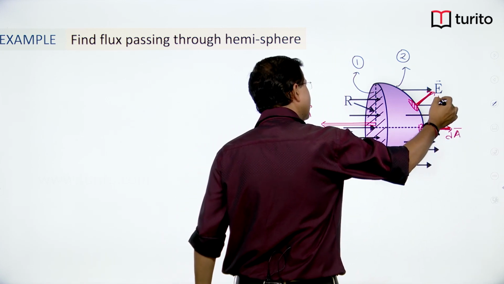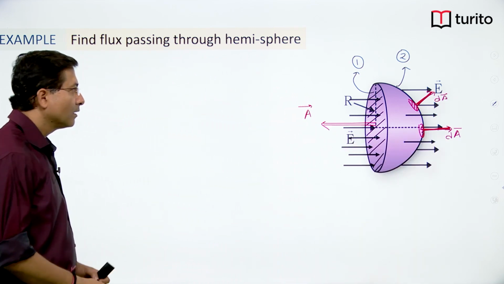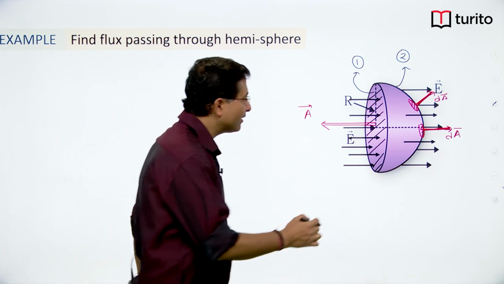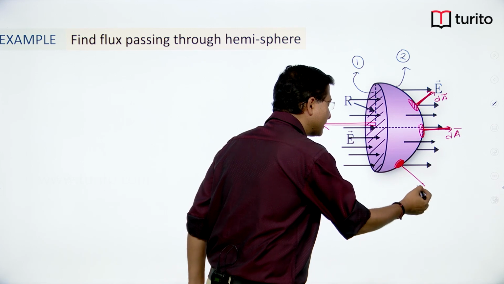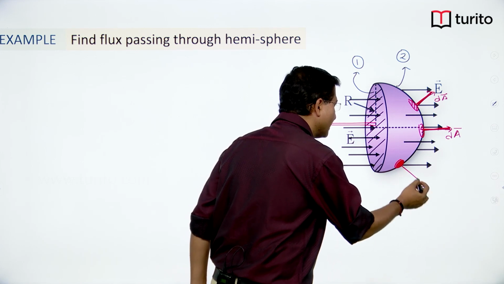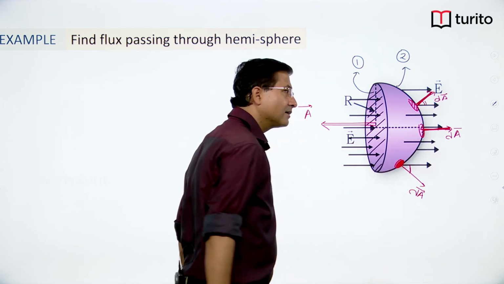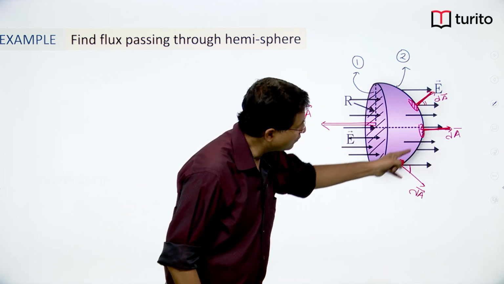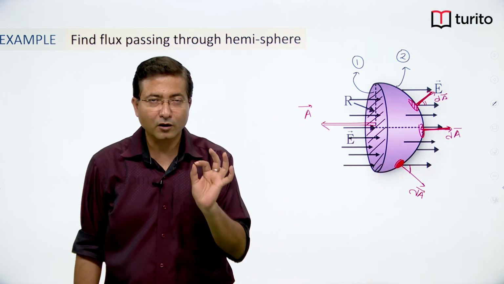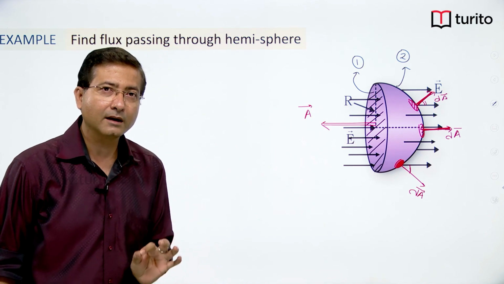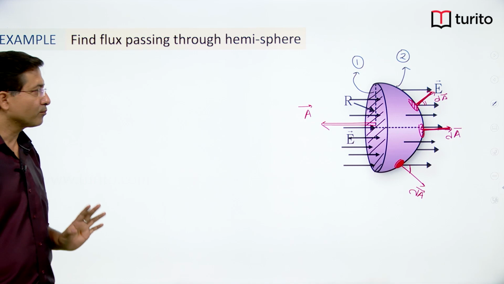D area, D area. But anywhere you take the element, you can see that area vector is making angle less than 90 degree. These all angles are less than 90 degree. That means for this one the flux associated will be positive, because everywhere area vector is making angle less than 90 degree. Cos less than 90 is positive.